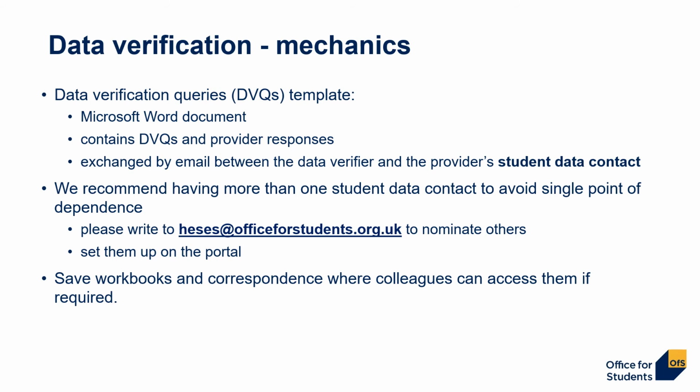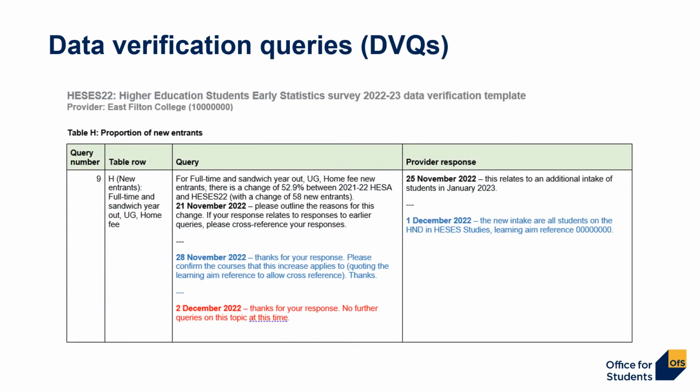Now we'll look at an example of the format of the DVQs and how they are built up through the data verification process. This slide will give you an idea of the back and forward of the data verification process. Here's just one page from the Word document that I've been describing that's exchanged between the data verifier and the student data contact throughout the verification process. We don't show it here, but it starts with a section for queries on first stage credibility warnings.